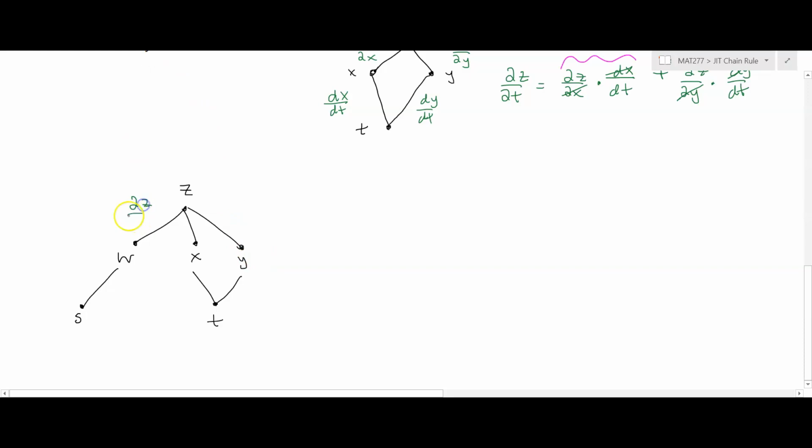There's going to be a dz dw, there's going to be a dw ds, there's going to be a dz dy, and there's going to be a dz dx, and then there will be dx dt and dy dt.